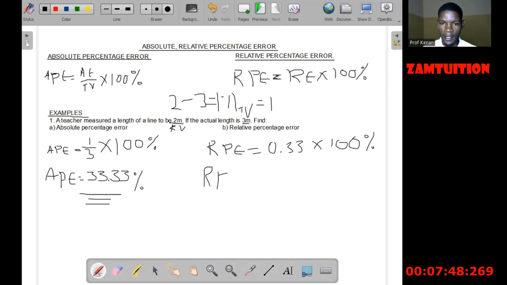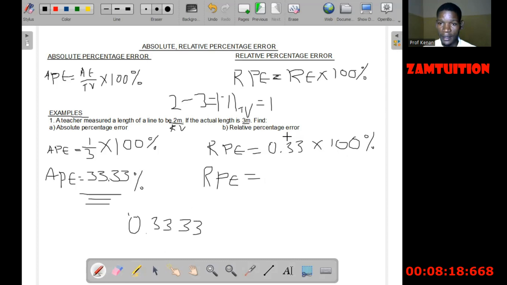Relative percentage error is equal to 0.33 multiplied by 100. It simply means that this point will move 2 times to the right-hand side, because there are 2 zeros here, which is for the 100. So if it moves 2 times to the right-hand side, for example, we have 0.333. Remember what I said?